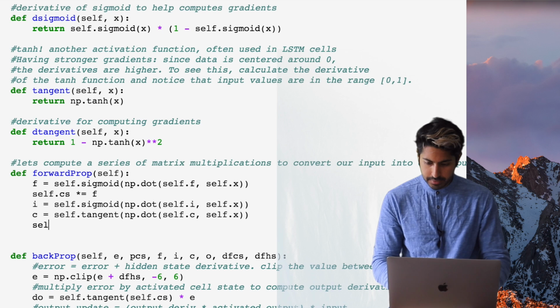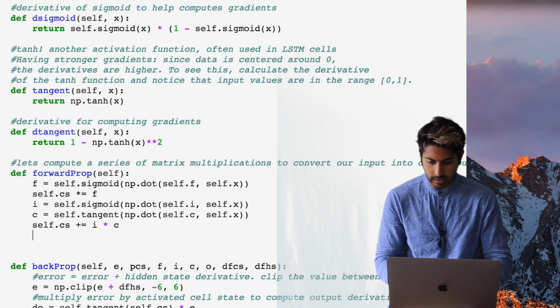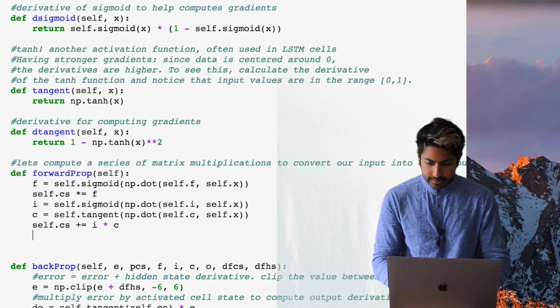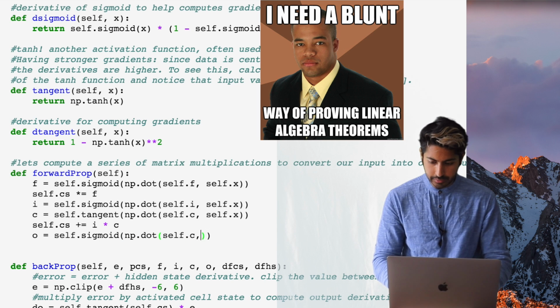And then we're going to update the cell state by adding the input times the cell state. The cell, input times the cell. And then for our predicted output, let's compute the dot product between the output gate and the cell state. Or no, the output gate and the input.